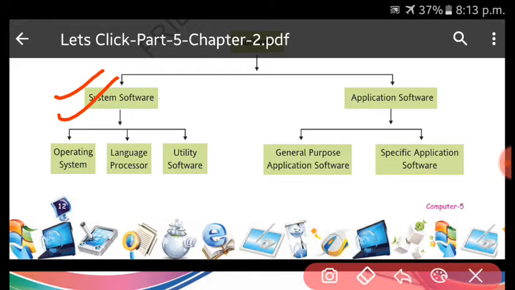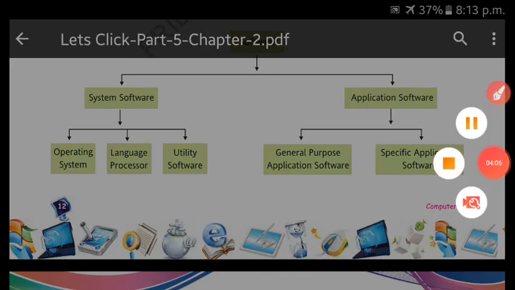For example, an operating system, and the example of an operating system is Windows. Whenever you turn on your computer system, you see Windows, the operating system, loaded, right? Second is application software. This is for your purpose, for your benefit, for your work. In both categories we are giving instructions to the computer to do some work. Remember that.